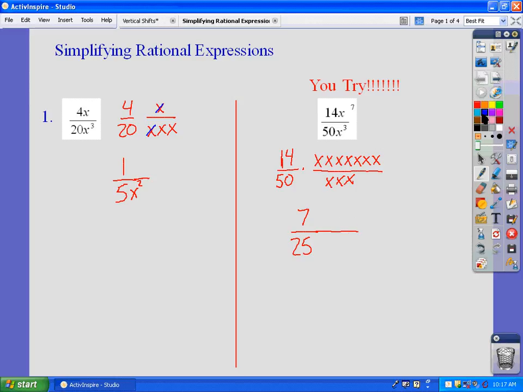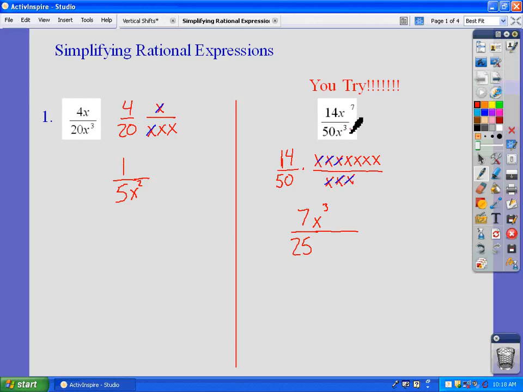And now what are we left with as far as the x's are concerned? There's an x on top and an x on bottom. They're gone. An x on top and an x on bottom. They're gone. An x on top and an x on bottom. They're gone as well. There's no more x's in the denominator, and there's 1, 2, 3, 4 x's in the numerator. So that becomes the simplified version of this. Maybe some of you are starting to get the idea as well.